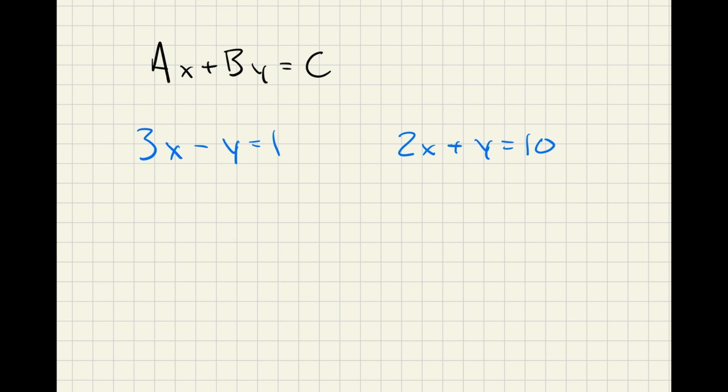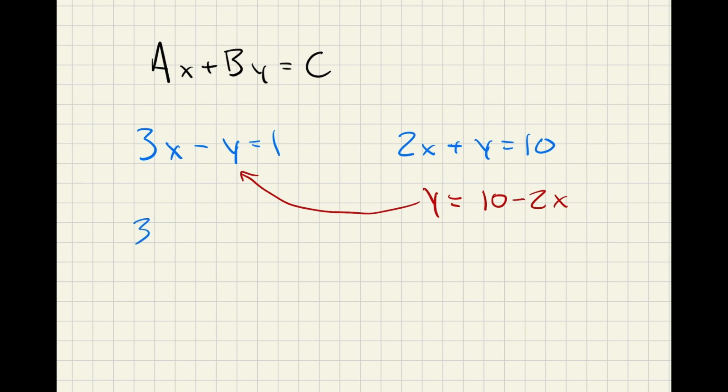So for example, if we have these two equations here, we would go ahead and first try to isolate a variable. Here y is alone, so it's definitely going to be the easiest. We're going to move this 2x to the other side to get y is equal to 10 minus 2x. And then we're going to plug in this y value here for this y value over here to solve for that x value.